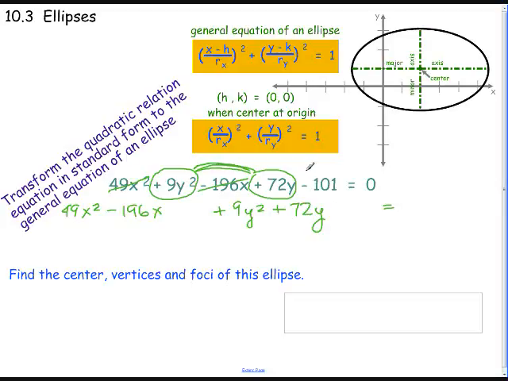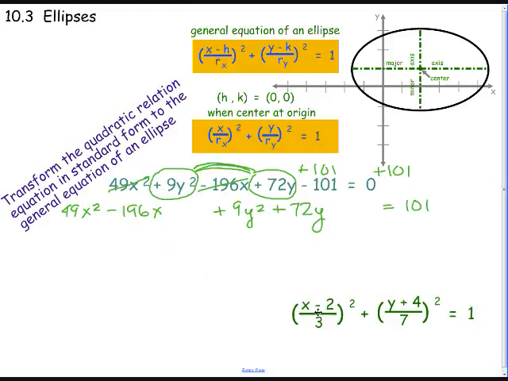And I'm going to add 101 to both sides. So I'm going to have a 101 right here. You don't mind if I delete this, do you? That's our answer. We'll get to that in a minute. I just know I need a lot of space.